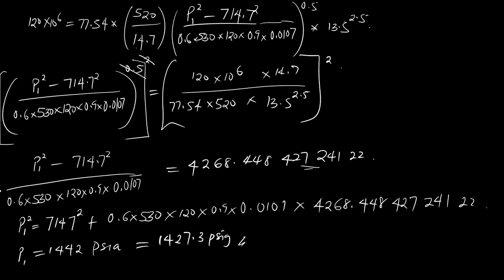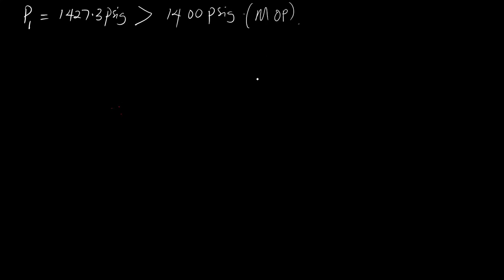So now, since the pressure P1 is equal to 1427.3 psig and is greater than 1400 psig, which is the maximum operating pressure.